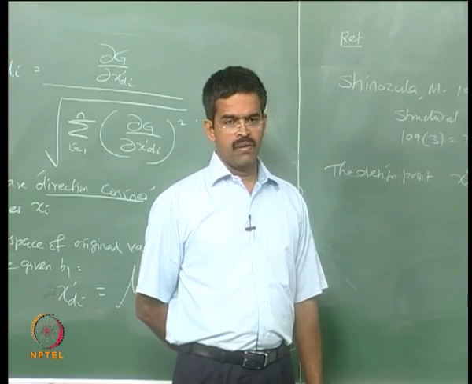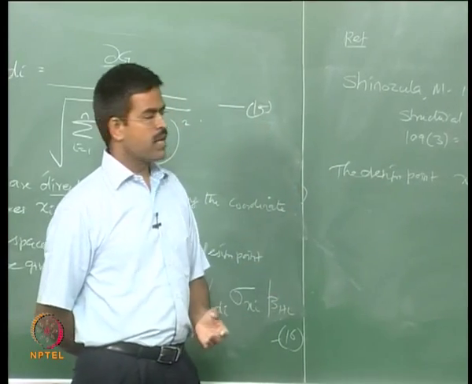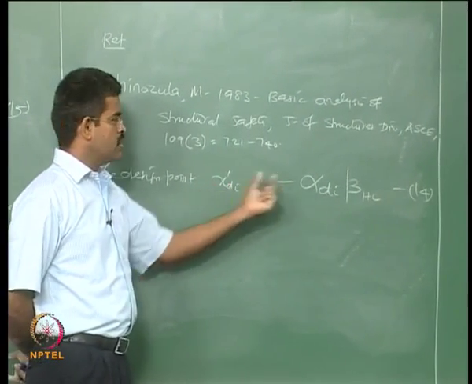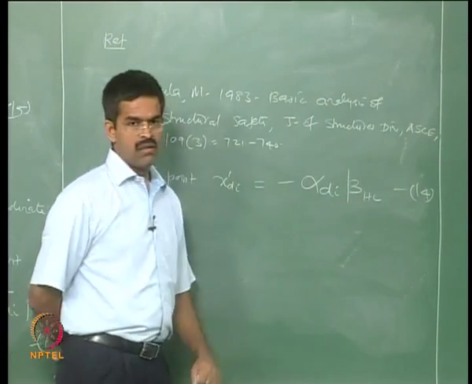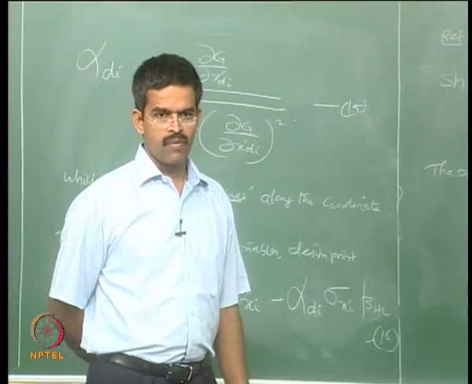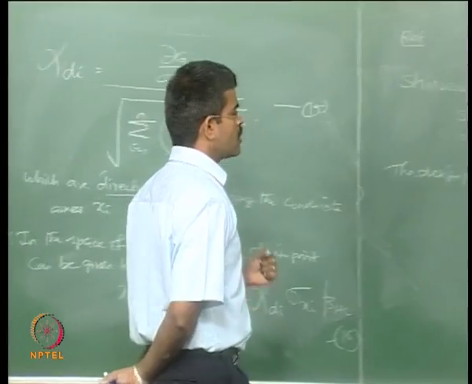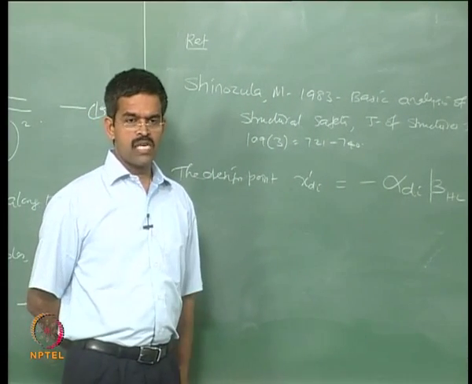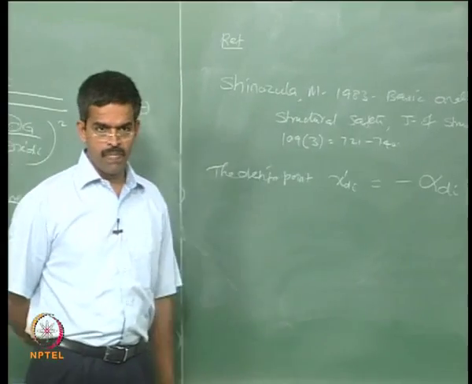So, as the process goes ahead, we can easily find the design point coordinates using this expression where beta HL will give me. This is an iterative process. Initially you have got to assume that the reduced form of variables are all standard variables with zero mean and unit standard deviation.